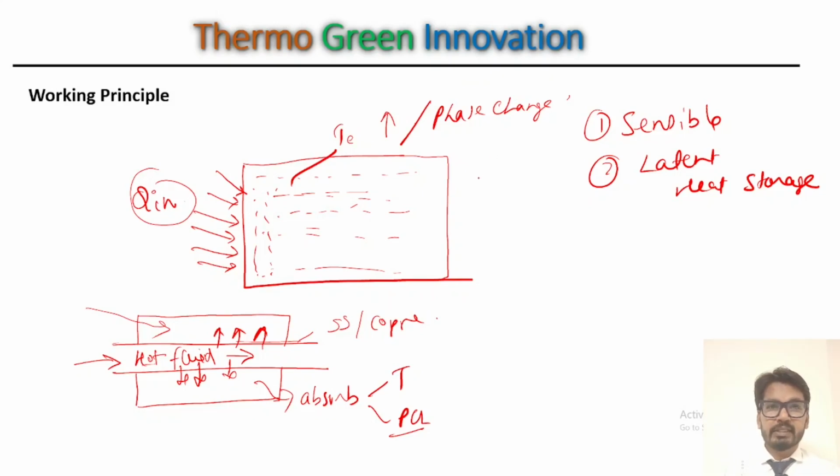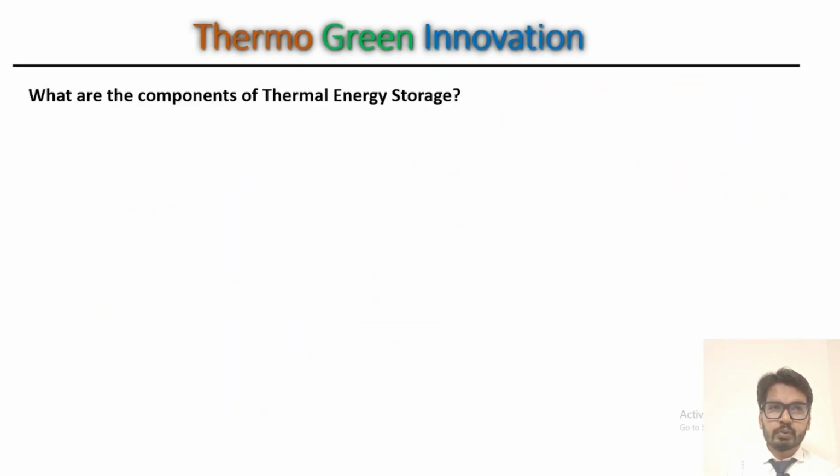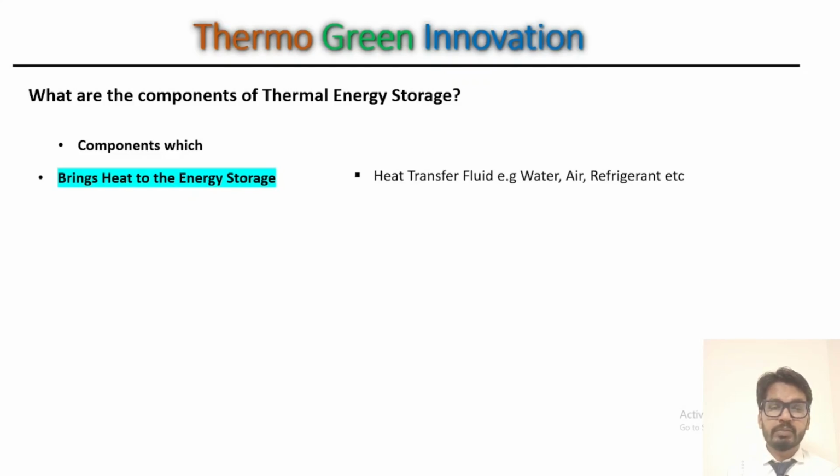We will understand about the basic components of thermal energy storage. So the question is, what are the components of thermal energy storage? There could be components based on their function, like the components which bring heat to the energy storage, and it could be a moving fluid, it could be water, it could be a gas, it could be refrigerant.